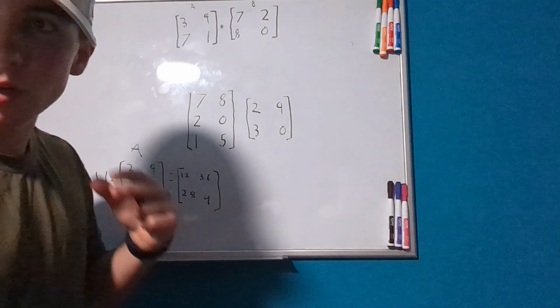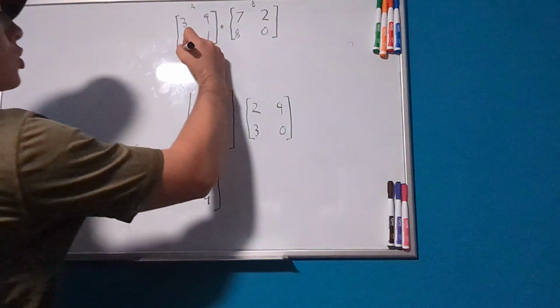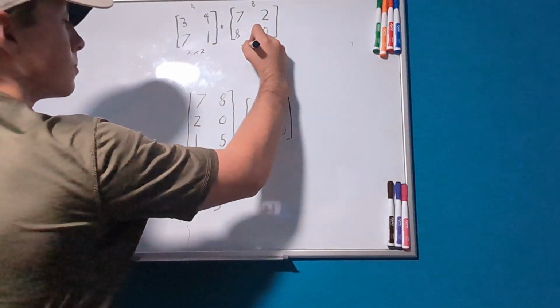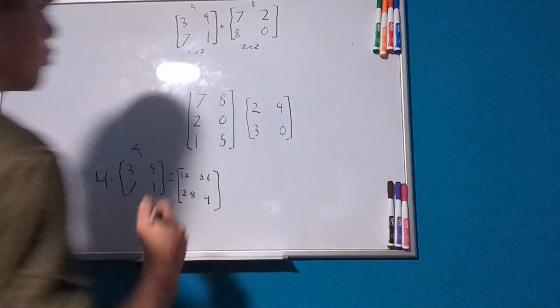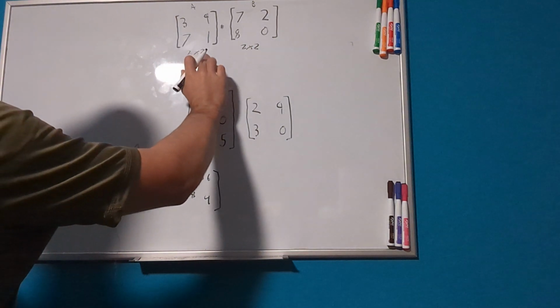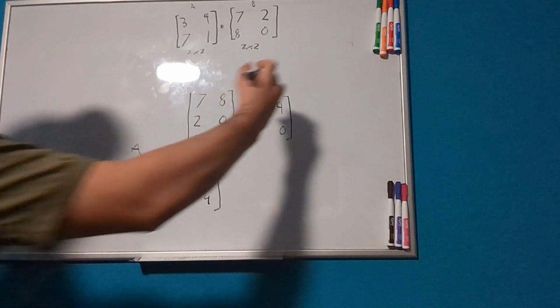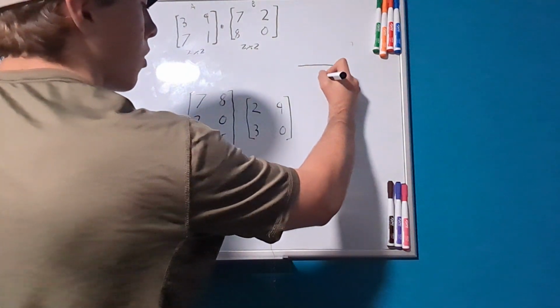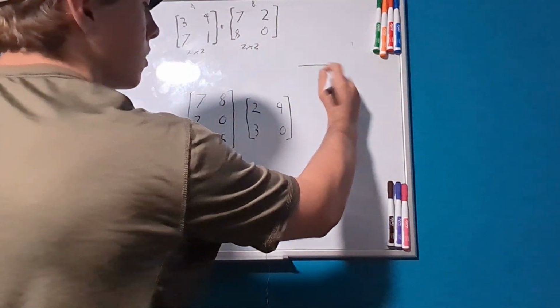The first step we want to do is realize that these are both 2 by 2 matrices. And rows go first, then columns. So remember, a row is horizontal and a column is vertical.